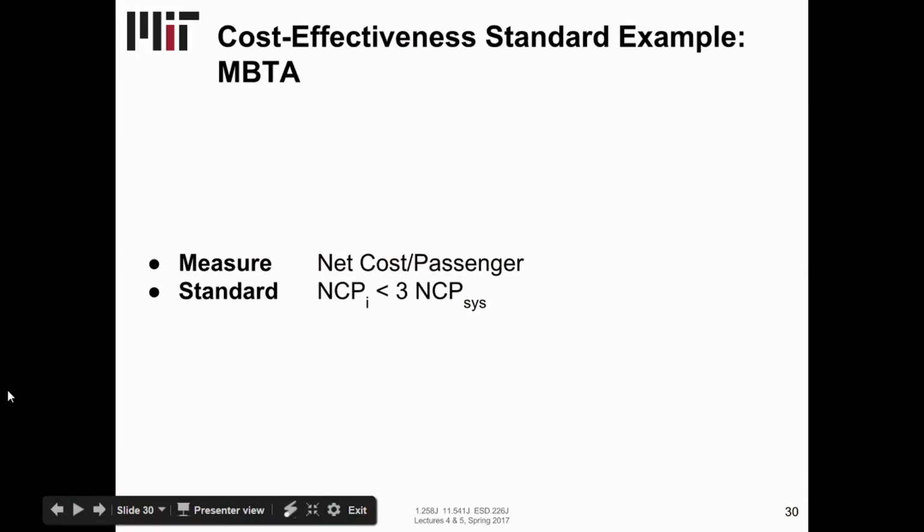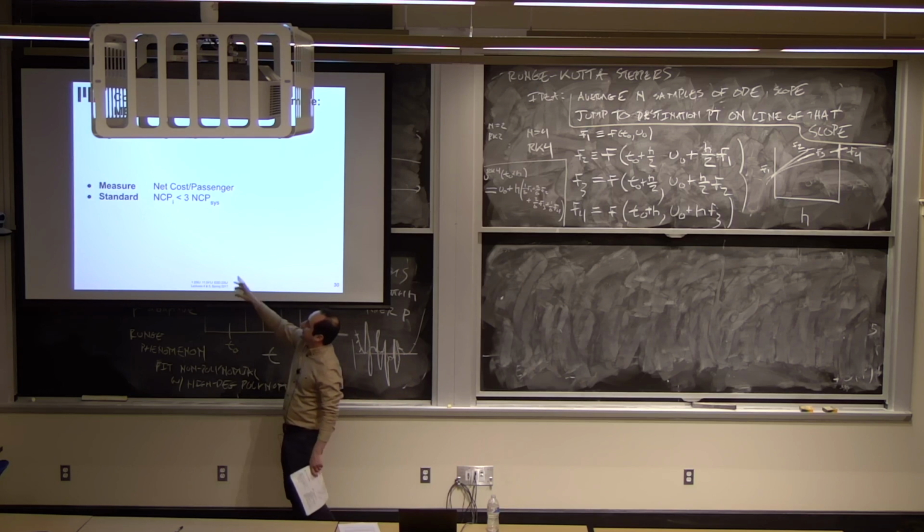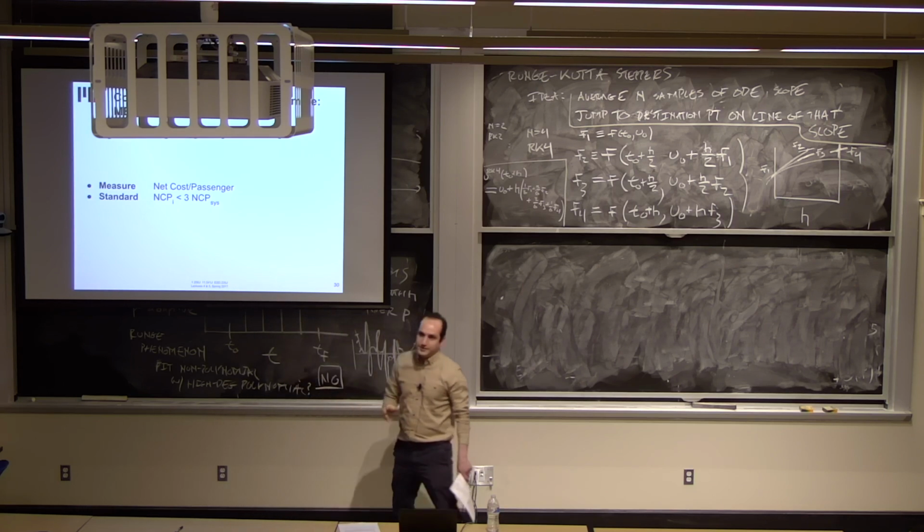So one of the cost effectiveness measures that MBTA uses for their system and for their decision making is net cost per each passenger that is using the system. They usually define this on a route basis, so the index here could be net cost per passenger for each route.